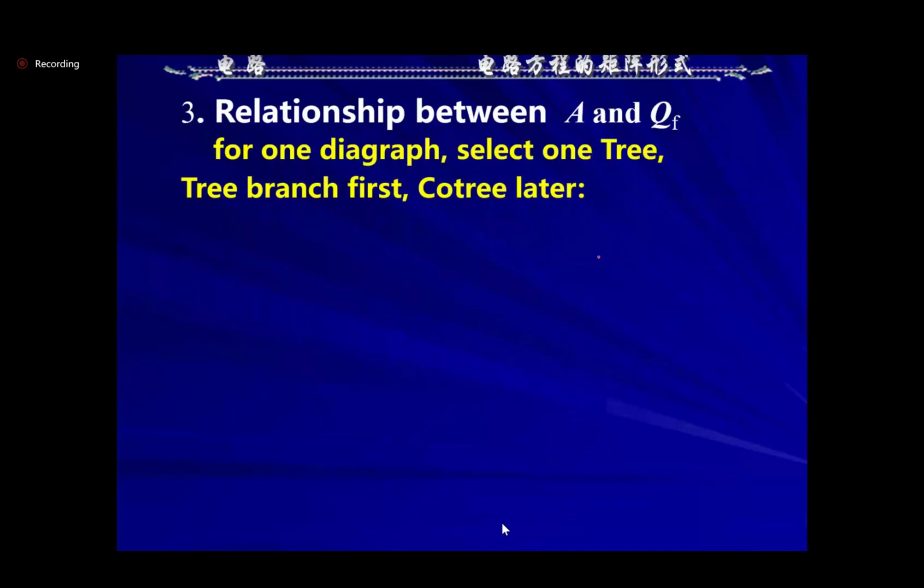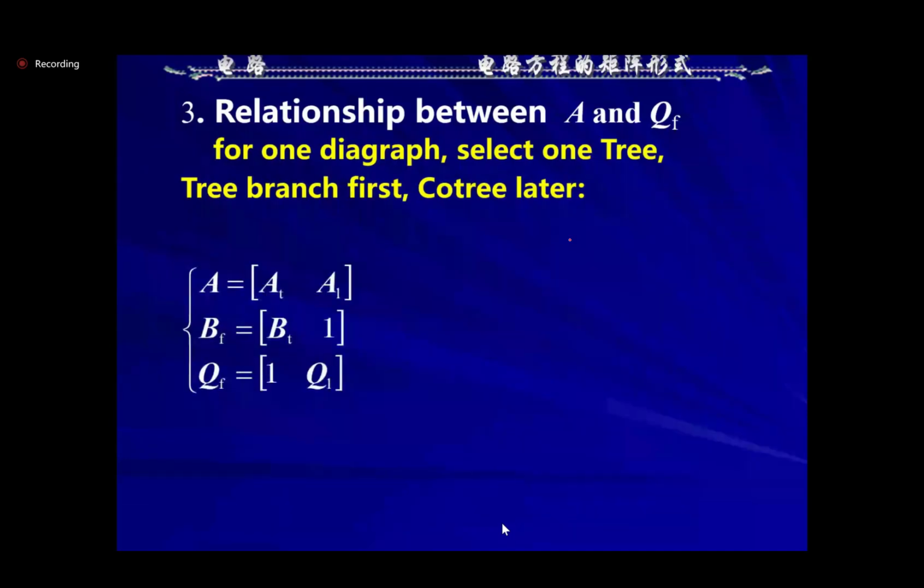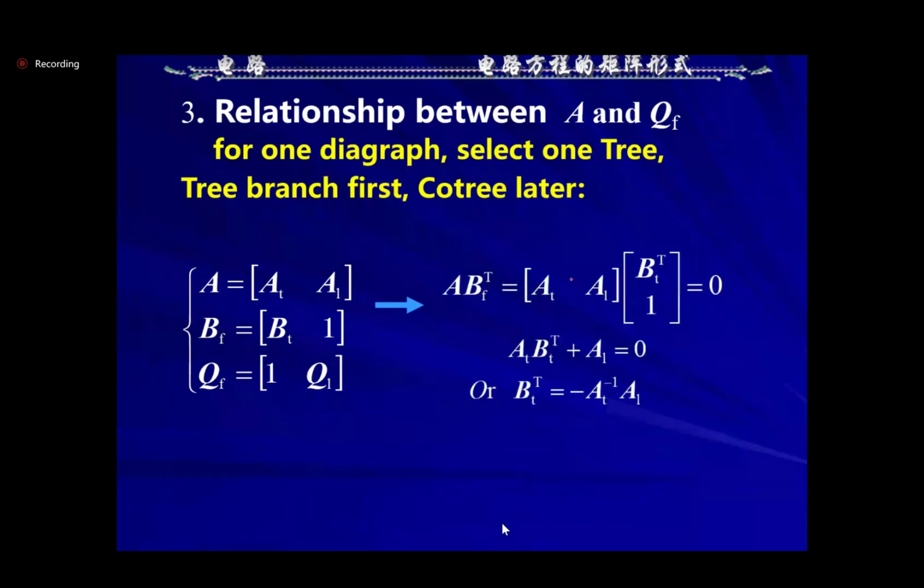Relationship between A and Q. Because A times B transpose equals 0, and A can be divided into the tree part and the cotree part, the tree part and cotree part can express the matrix B. And there is a relation between B and Q. So the tree part and cotree part give the A and Q relation.